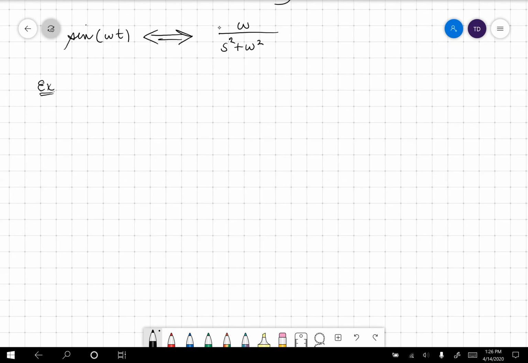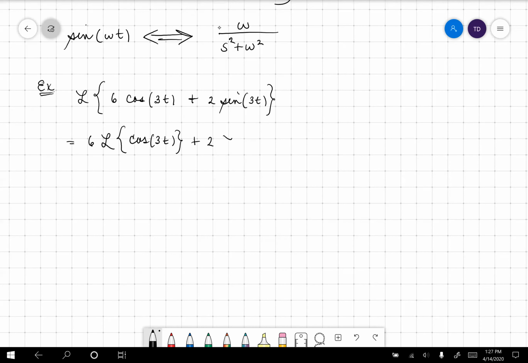Example, I want the Laplace transform of 6 cosine of 3t plus 2 sine of 3t. So that's going to be equal to 6 times the Laplace transform of cosine of 3t plus 2 times the Laplace transform of sine of 3t.